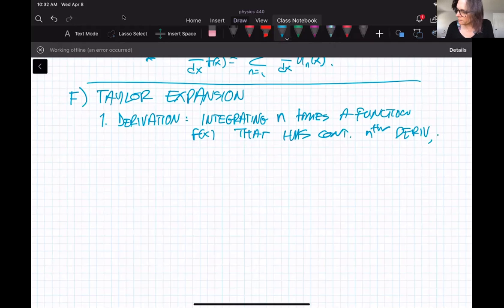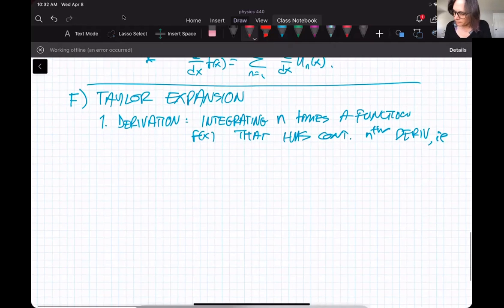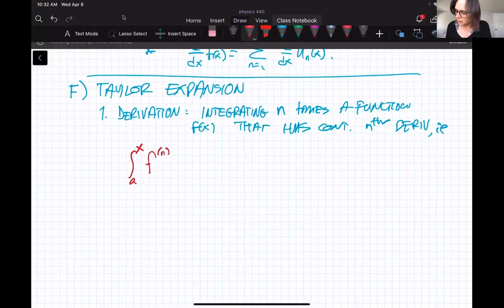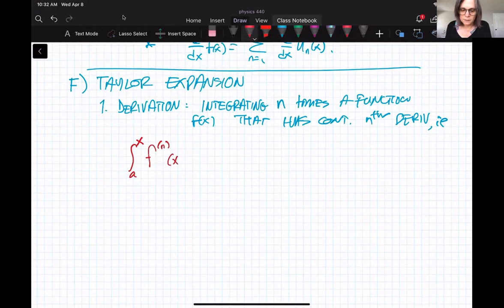That is, we take a function and we're integrating from a to x, f^(n) of x1 dx1. Those are our dummy variables in the integration. We can represent this as f^(n-1) of x1 evaluated from x to a.